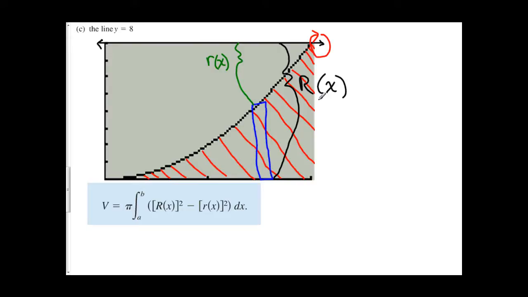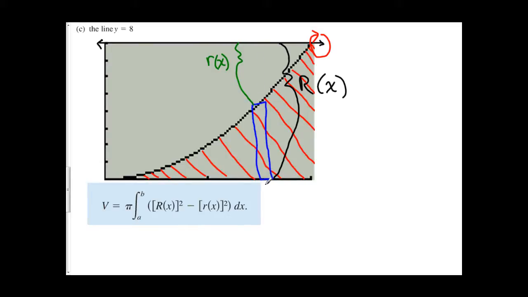The first thing is the smaller radius, the one I have in green here, lowercase r of x. Well, that smaller radius is actually the difference between 8 and the value of the function. You see, the value of the function is everything from the x-axis up to the function itself. The difference between that number right here and 8 is actually how long my inner radius is.